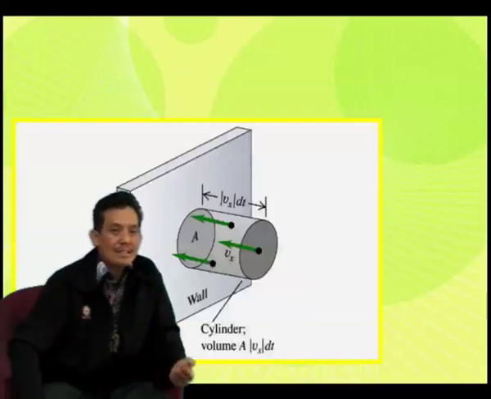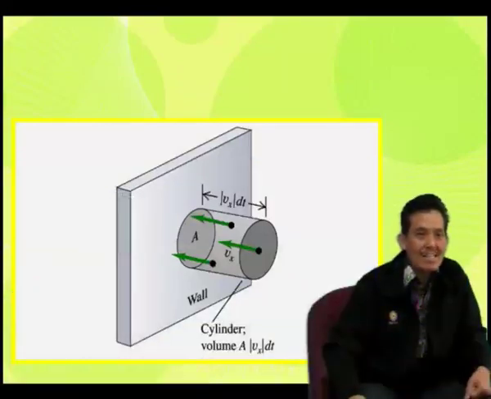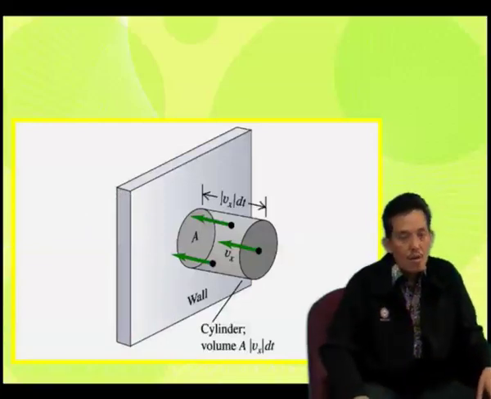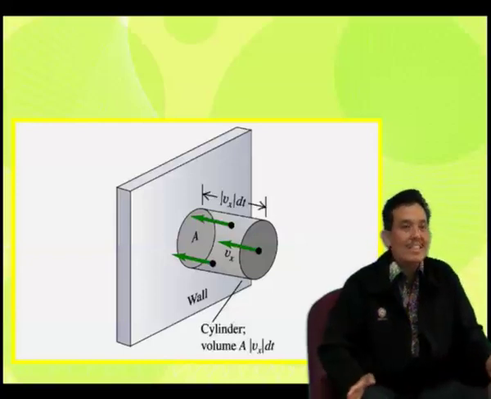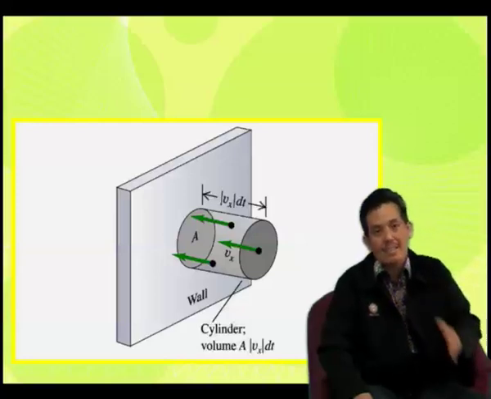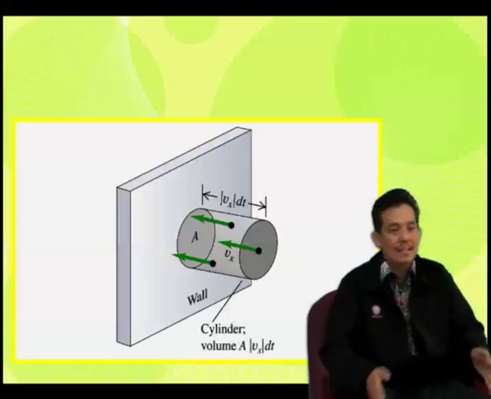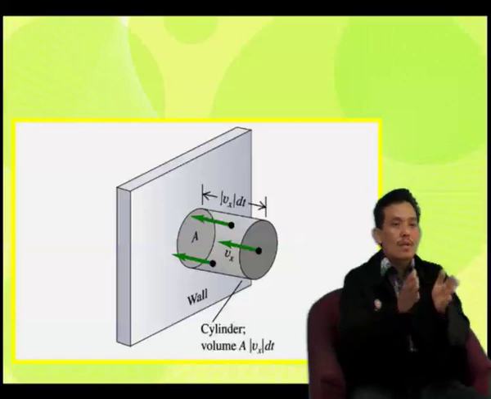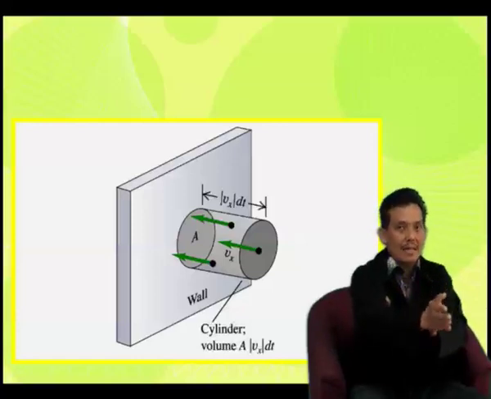So imagine that this is a container of the gas, put on the wall with the surface area equal to A. And you know that the length of the container is equal to Vx times dt. Vx is the speed in the x-axis direction. So we're just assuming that here we only see the gas move in the x-axis direction.